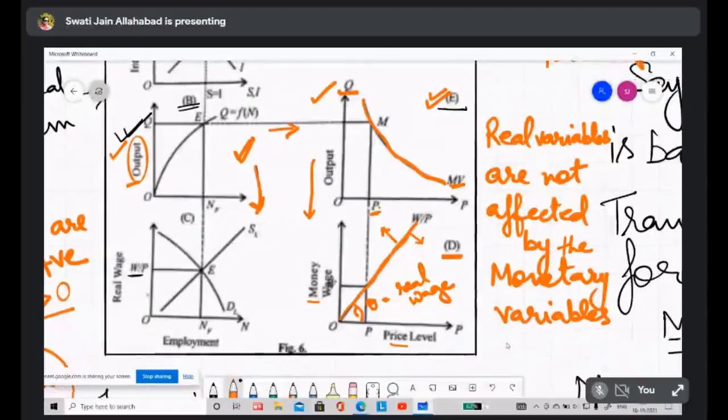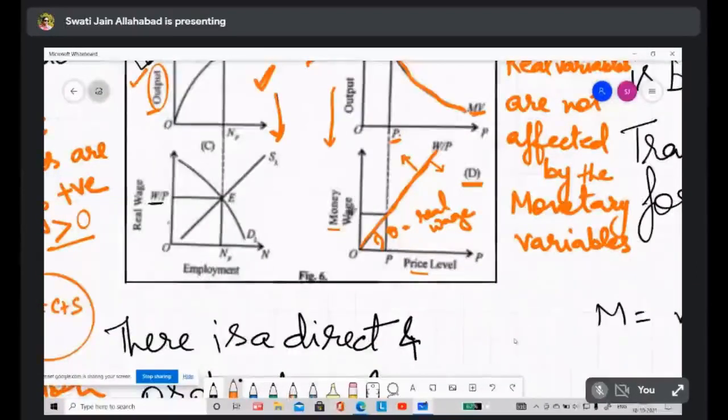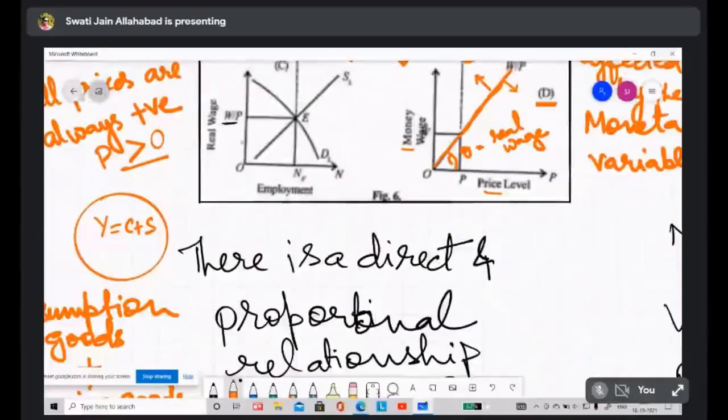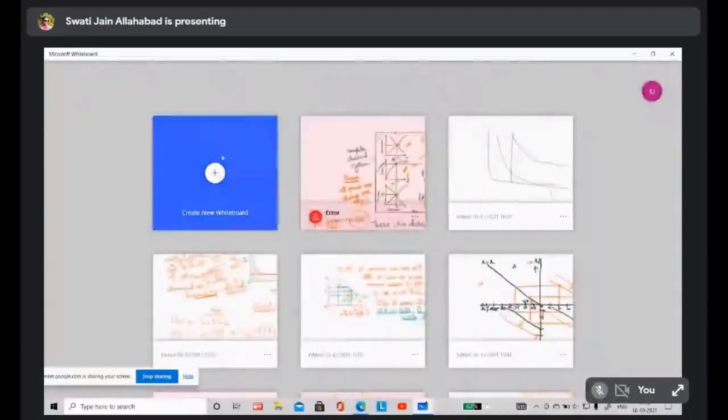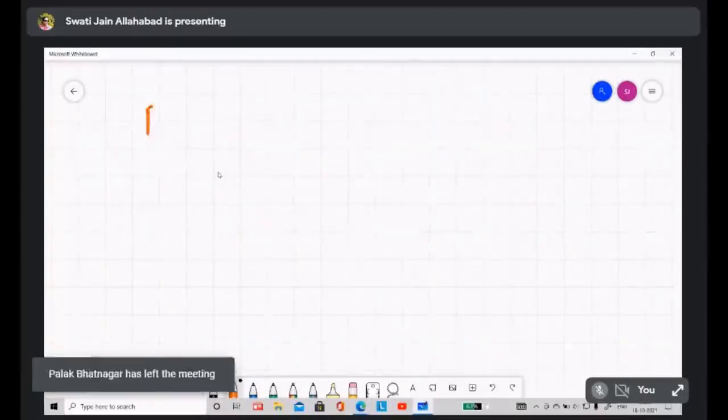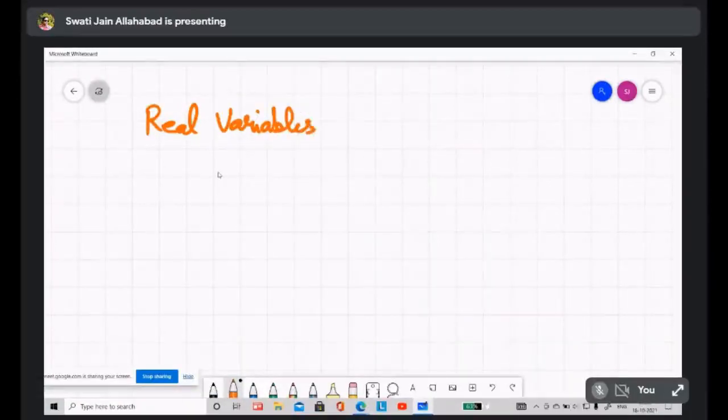Now, what do you mean by real variable? What do you mean by monetary variable in the classical system? Real variables, monetary variables.